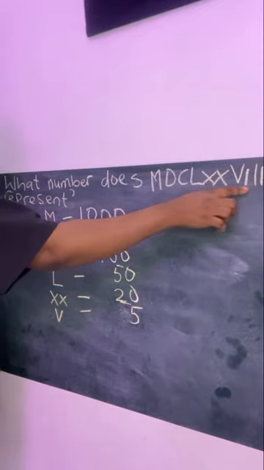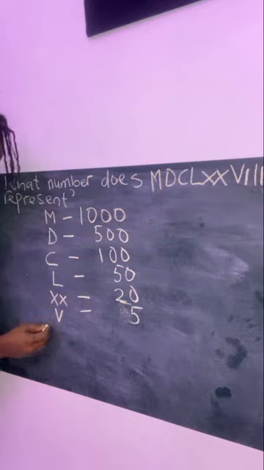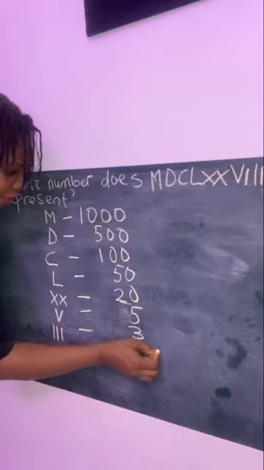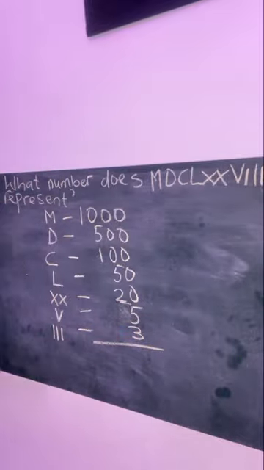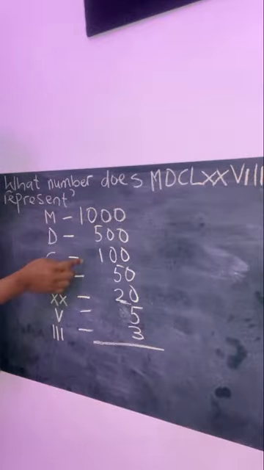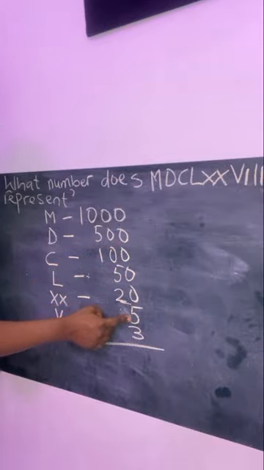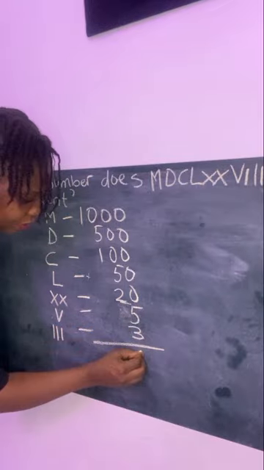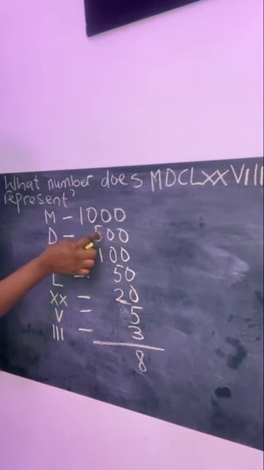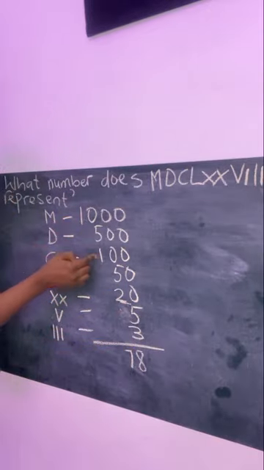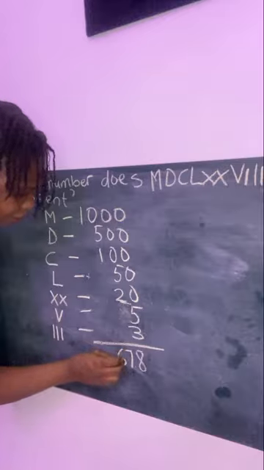Then we have our I. That is 1, 2, 3, and it stands for 3. So let's add up together. 5 plus 3 will give you 8. 5 plus 2 will give you 7. 5 plus 1 will give you 6.